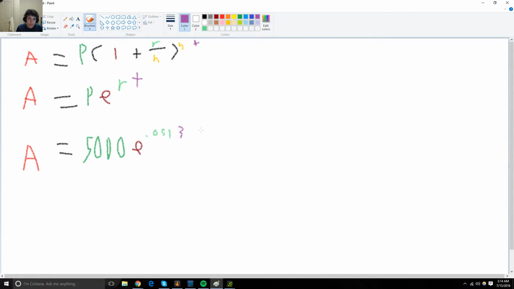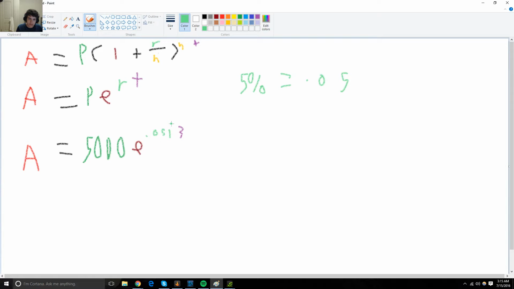That's the time. This is in years, so if it's 12 months, you convert months to years there. Let me put a quick demo on how percentages work. 5% equals 0.05. So just figure it out based on that information. Pretty easy.